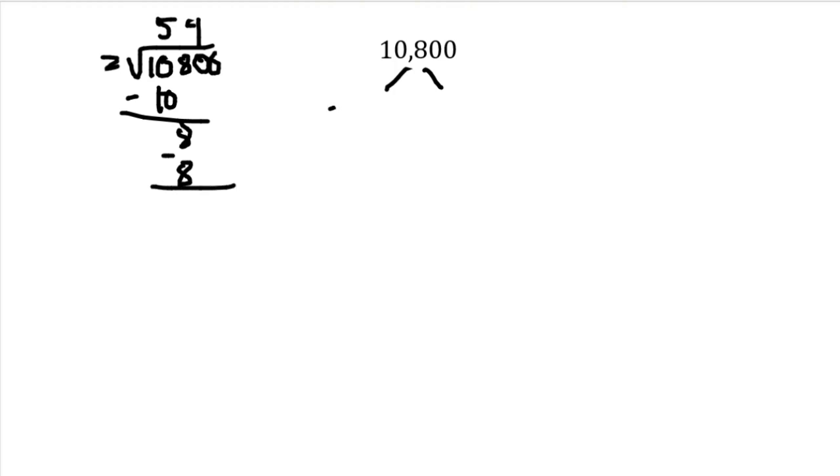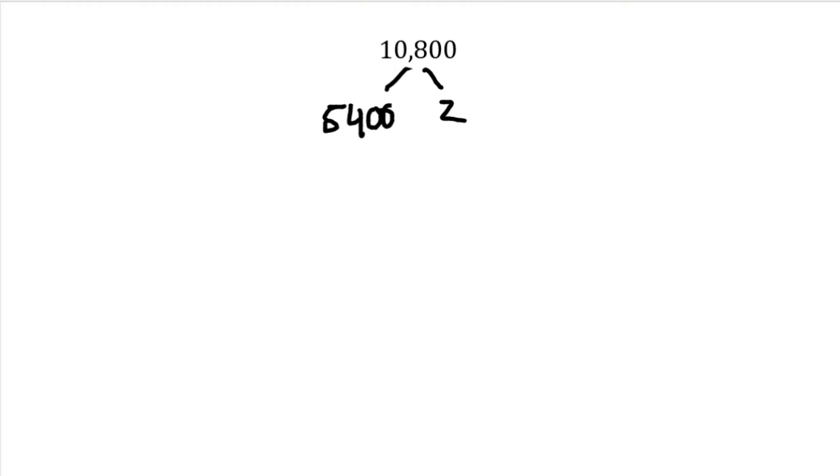Now let's go ahead with 10,800. So 10,800, we all know that it can be divided by 2. So we're going to do that. We got 5,400 and 2, bringing down all the zeros.